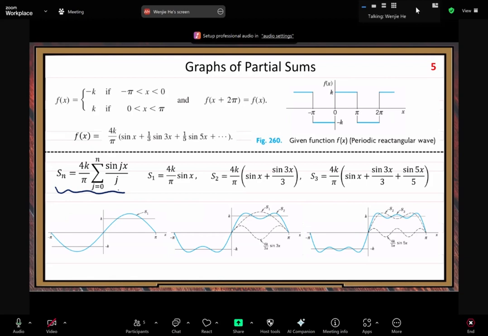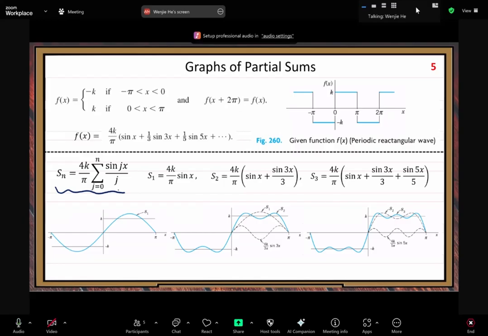So you can imagine when you add more and more terms, the approximation becomes better and better. Very, very close, but never the same. The error could be controlled as small as possible.